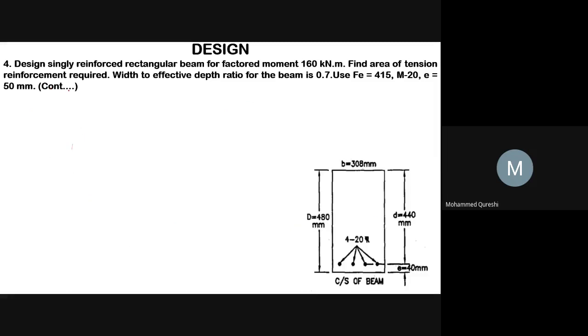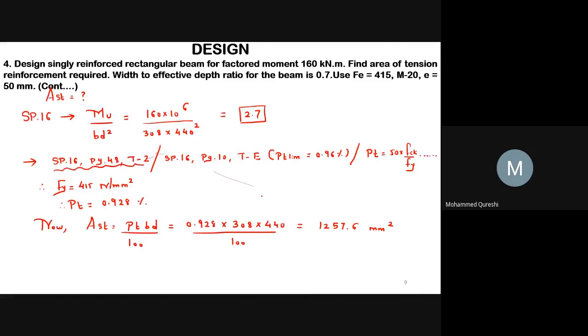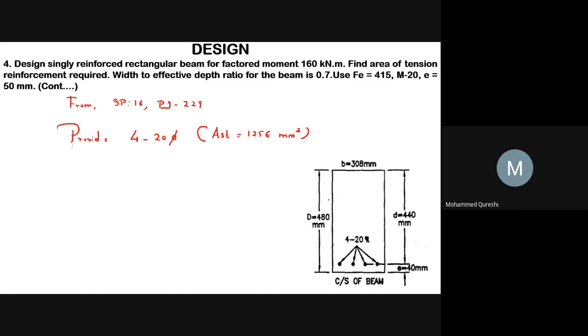So from SP16, page number 229, you will get four numbers of 20 dia bars having AST as 1256 mm square, which is greater than or equals to 1257.6 mm square.